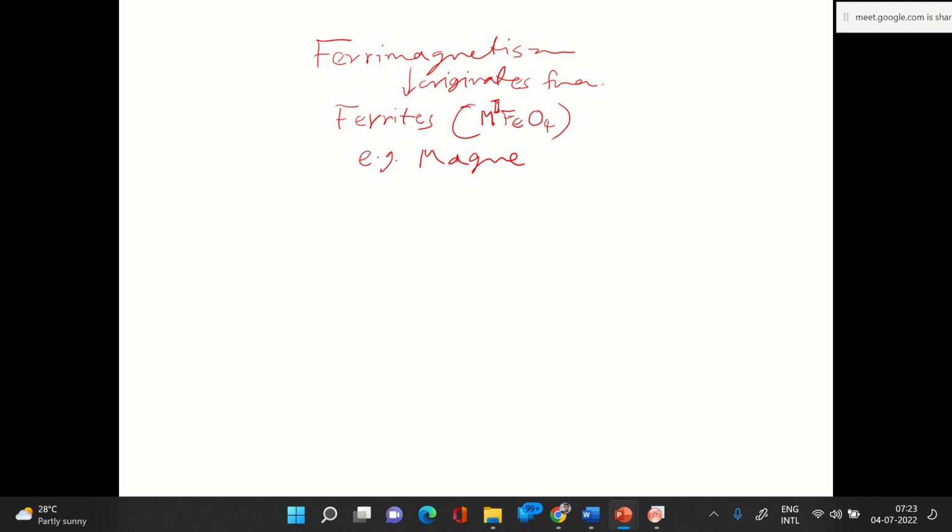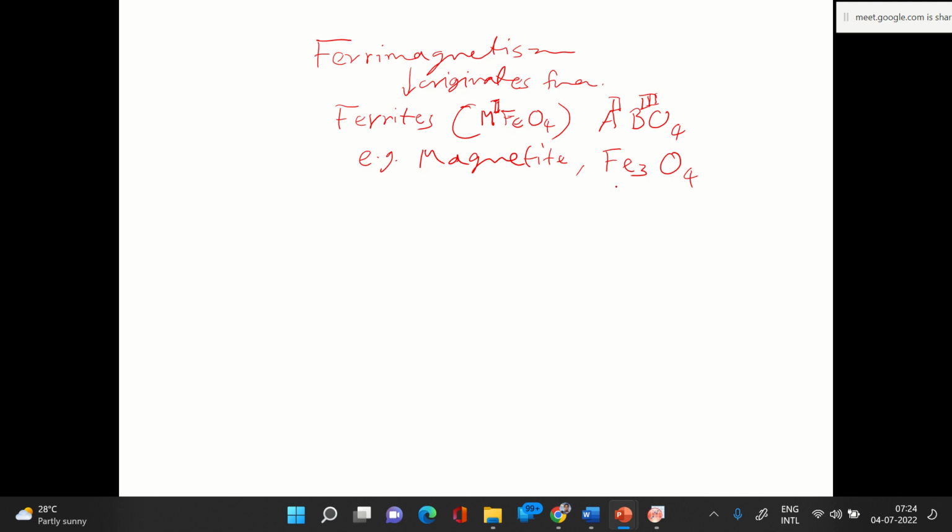So the word ferrimagnetism originates from ferrites. Ferrites are like AB2O4, you can see. So this is oxidation state 2, this is oxidation state 3. An example of that is magnetite, Fe3O4.